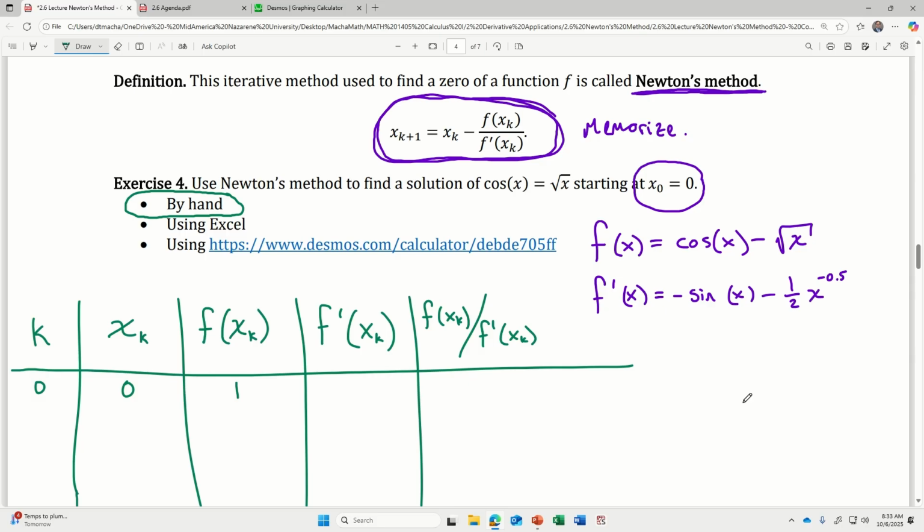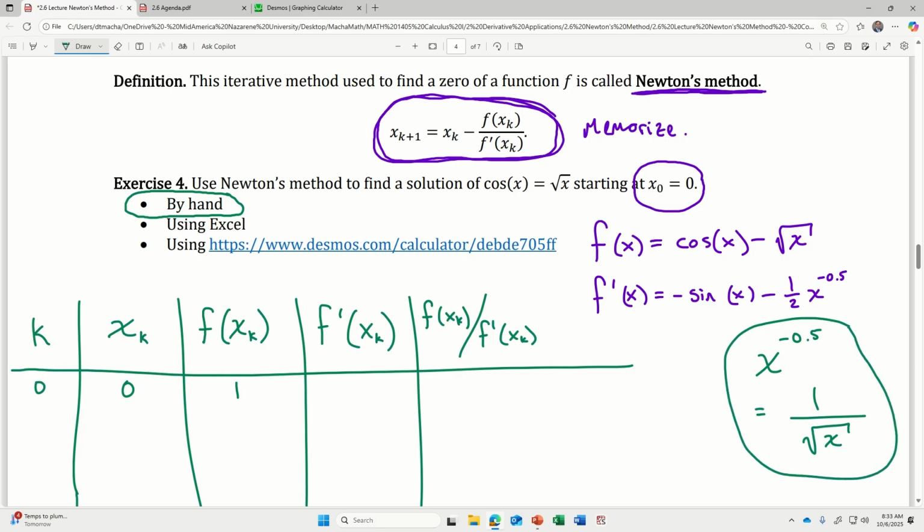Because if I have 0 to the negative half power, that's the same thing as 1 divided by the square root of 0. But I can't divide by 0, right? I can't do 1 divided by 0.